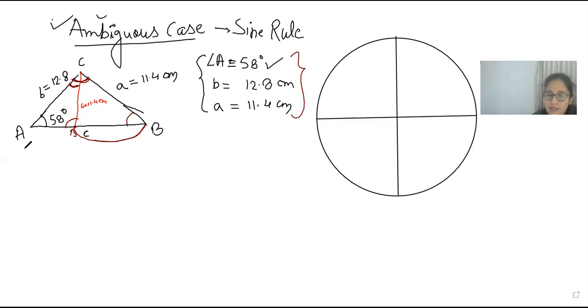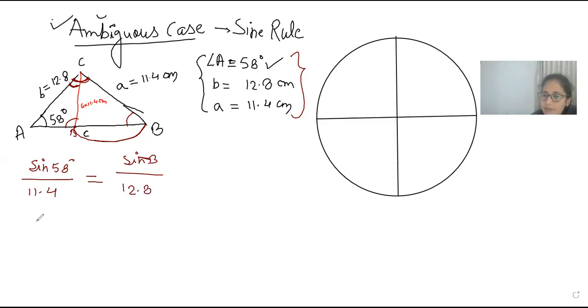Let's take the first triangle. Because we have two sides and one angle, we can apply the sine rule. So sine 58 degrees over 11.4 is equal to sine B over 12.8.